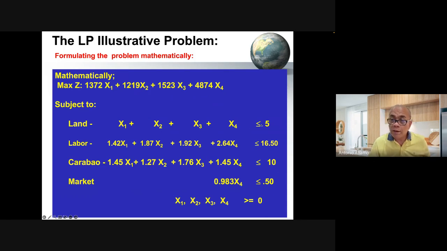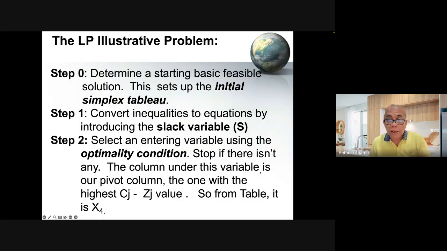These are all inequalities. That means less than or equal to 16.5, meaning there may be leftover resource. The leftover, we call it the slack variable. Then step two, select an entering variable using the optimality condition.